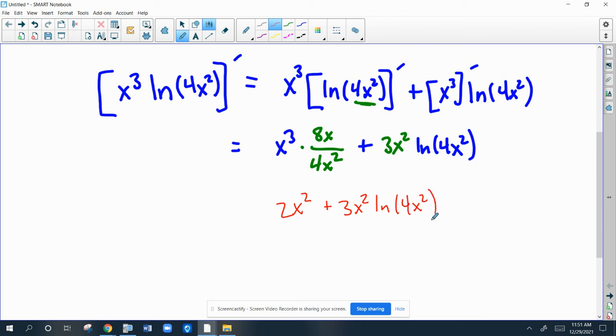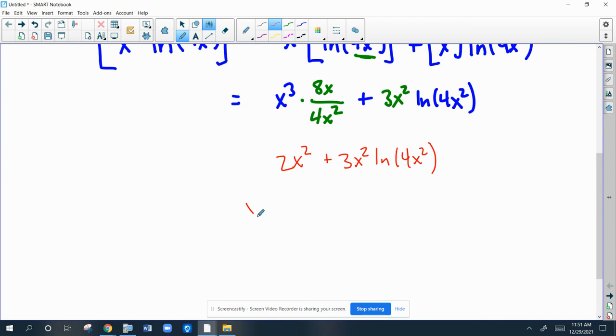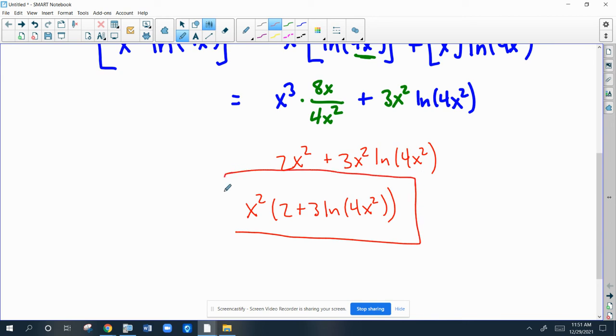So there you go. There is a kind of obvious simplification here. You factor out an x squared, and you're left with this. So that's my derivative, all simplified.